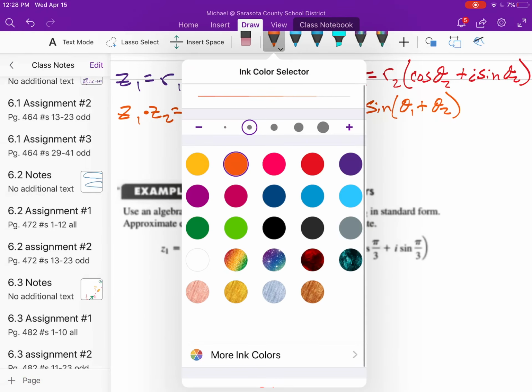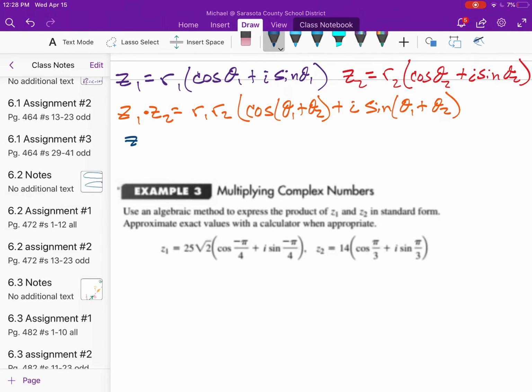Similarly, to divide, taking Z1 over Z2, I would take r1 divided by r2, and then for the cosine of theta, instead of adding, I would just subtract.